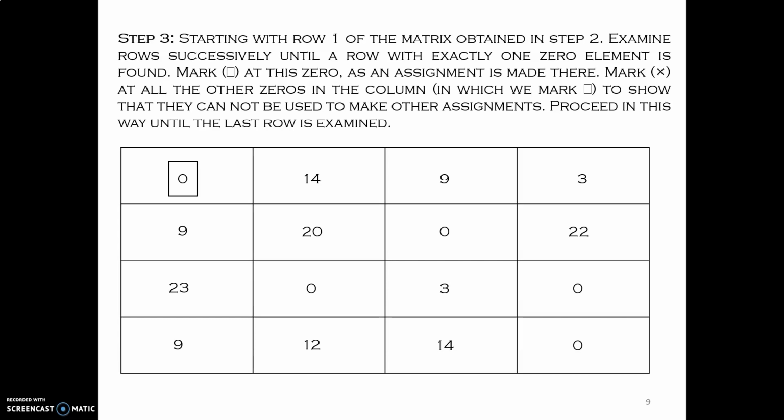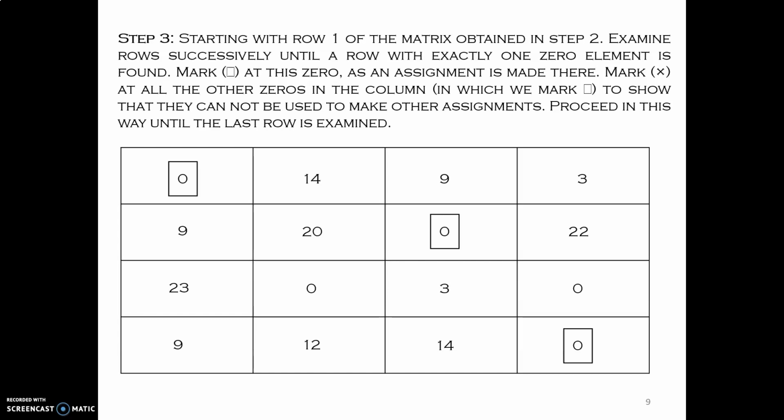Suppose again I'll go to column number 2, so I'll be assigning a square. Oh, sorry, I'll not go to column number 2, I'll go directly to row number 2. So I'll be assigning the zero in row number 2, which is C23.